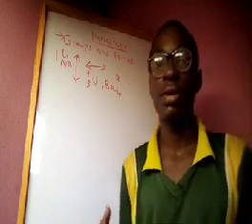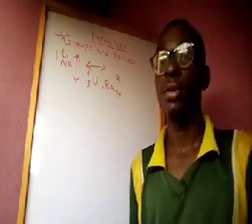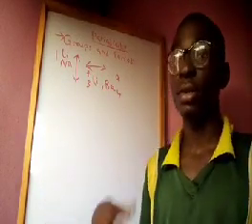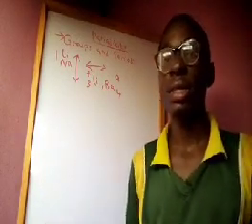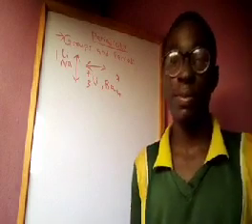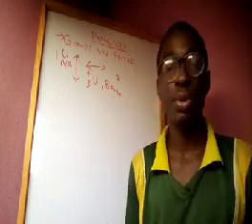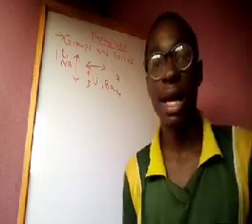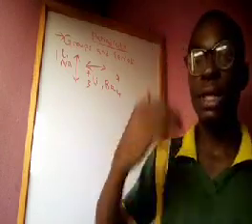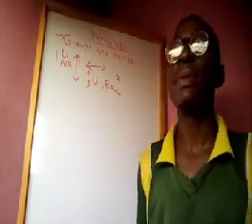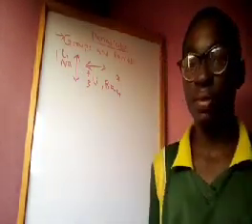That is called ionization potential or ionization value. This ionization potential has different classes: we have first ionization energy or potential, second ionization, and third. As you move from the first to the second to the third, your energy increases because it becomes much harder for the atom to lose electrons.